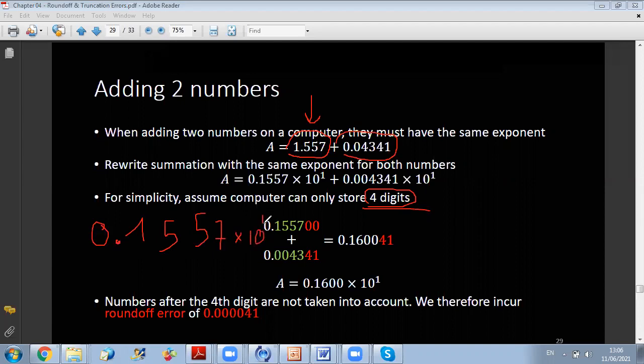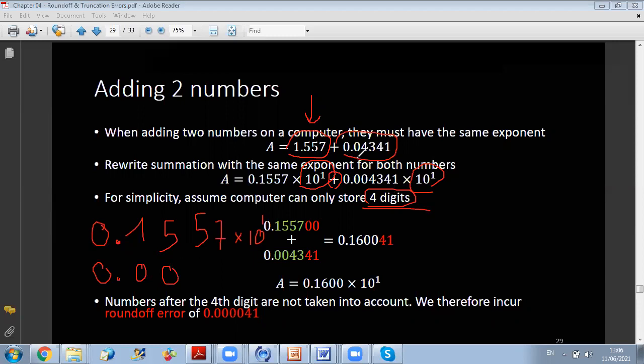This is how my computer will read it, okay? Now, if I want to add any other number to it, I should make sure to write it in the same form. So I should multiply by 10 to the power 1 on both sides, to take 10 to the power 1 as a factor. Okay, so the number that I am adding to 0.1557 will be 0.0043.